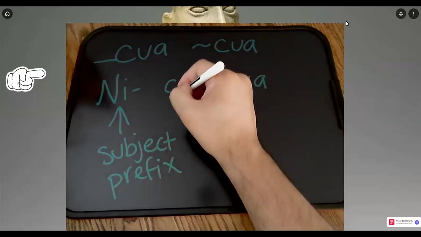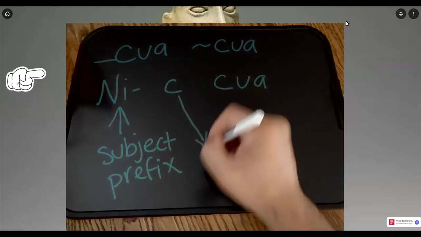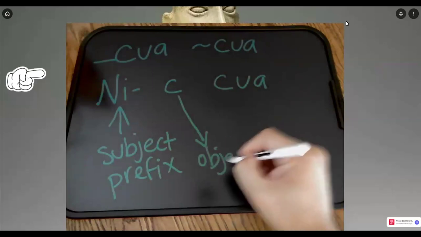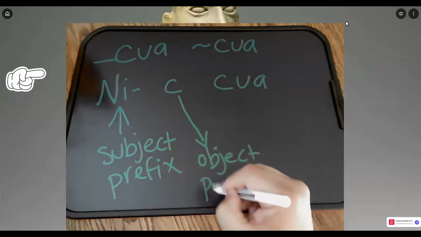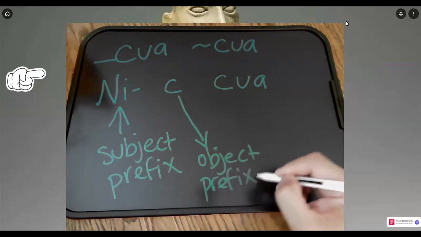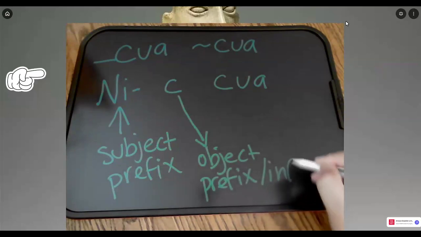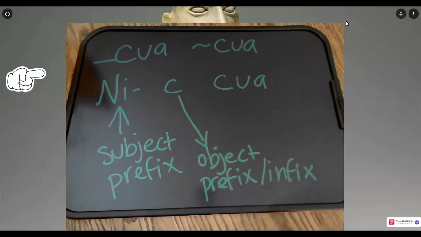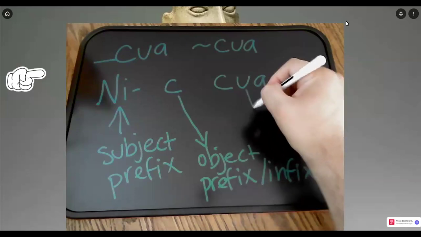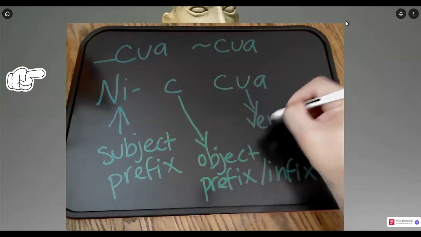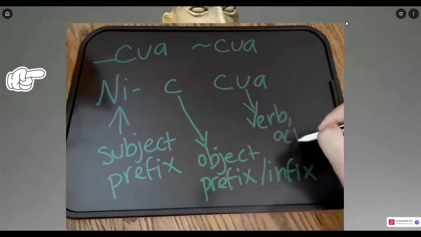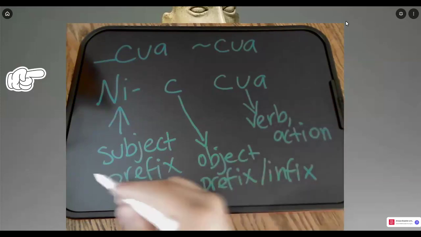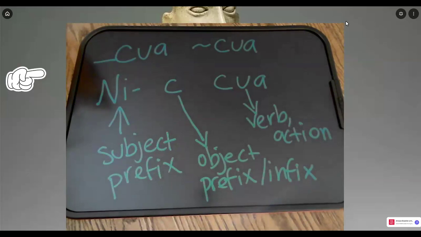This is called an object prefix. But I also call it infix because it goes inside. And then followed by the verb or the action, right? Nihkua. You heard me say nihkua, right?